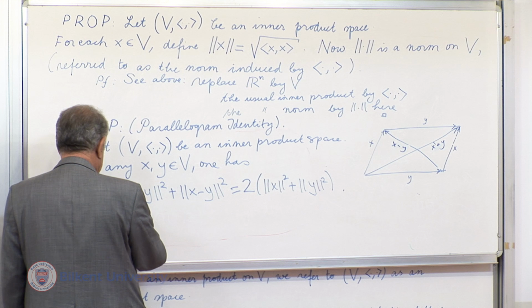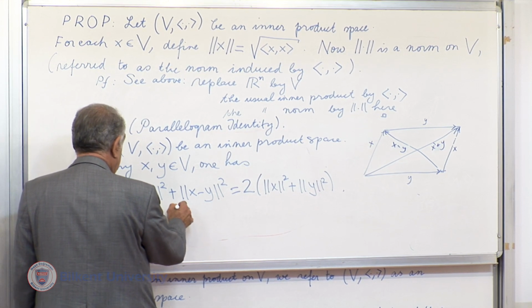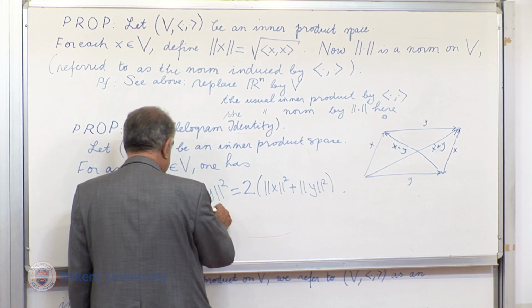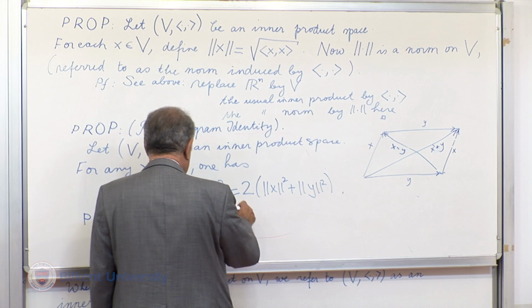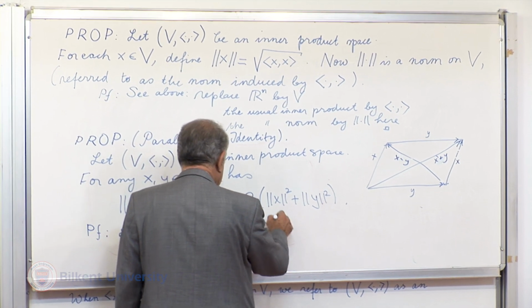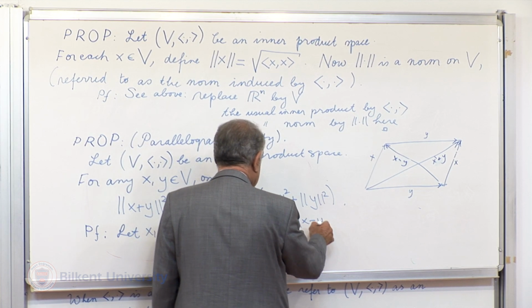Let x, y be in V. Now, let me write this side, the norm of x plus y squared plus the norm of x minus y squared.